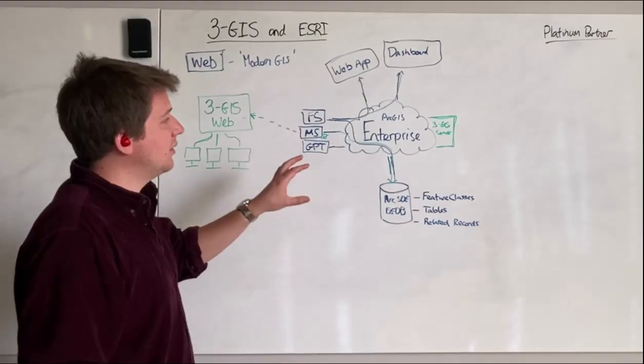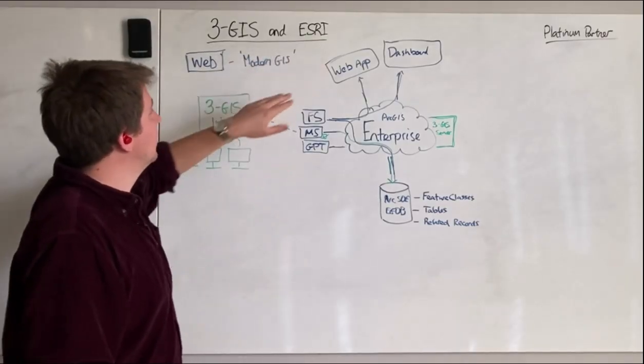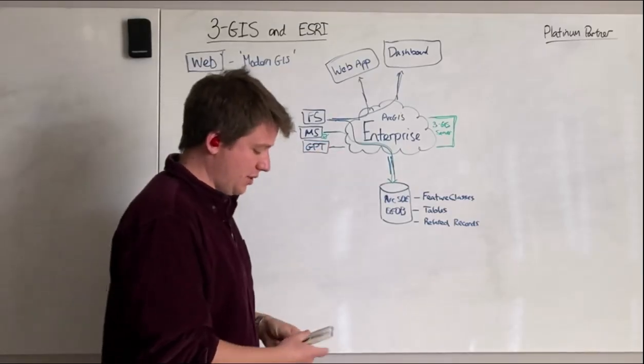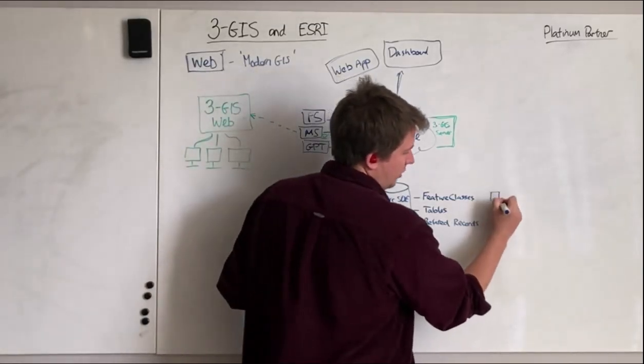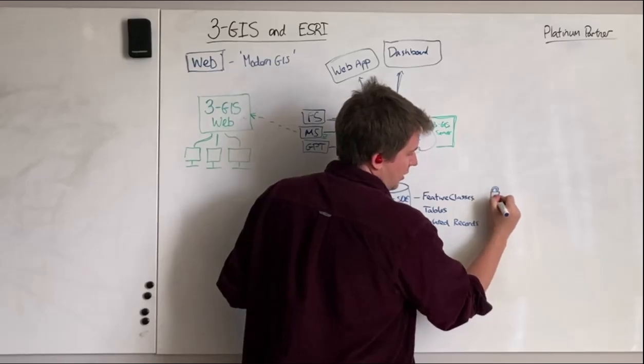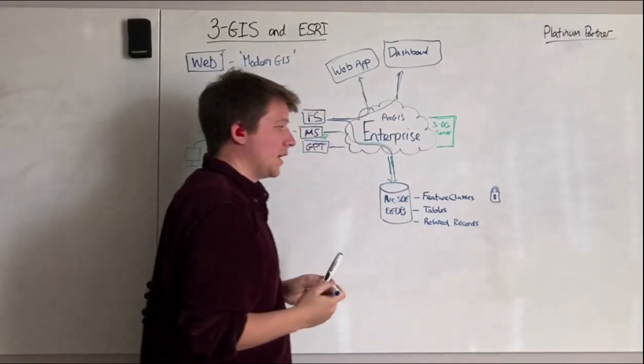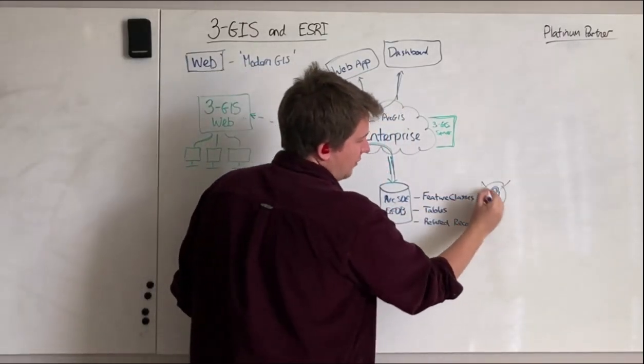The customer, we fully leverage Esri, we fully leverage the modern GIS aspect of enterprise, because we don't have any, I'm going to draw a little lock sign here. We don't have any locks on the features down here.